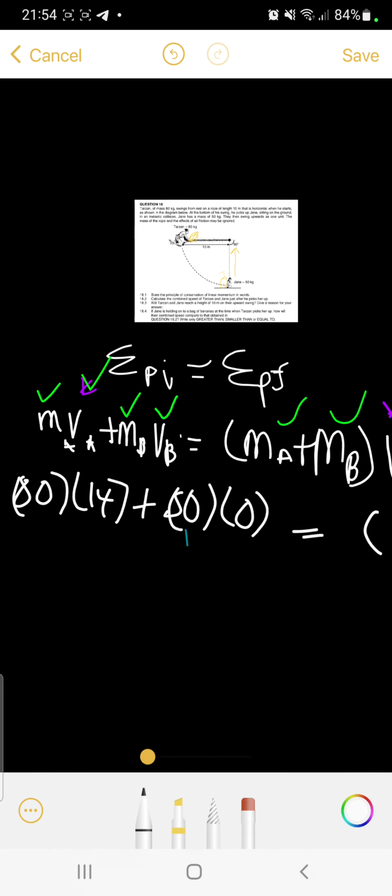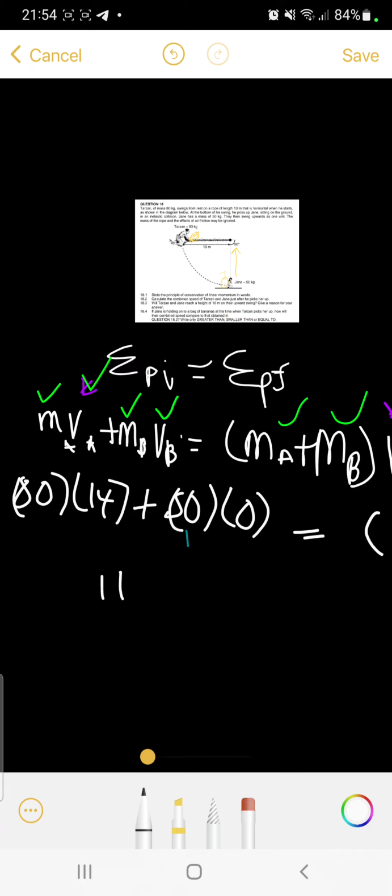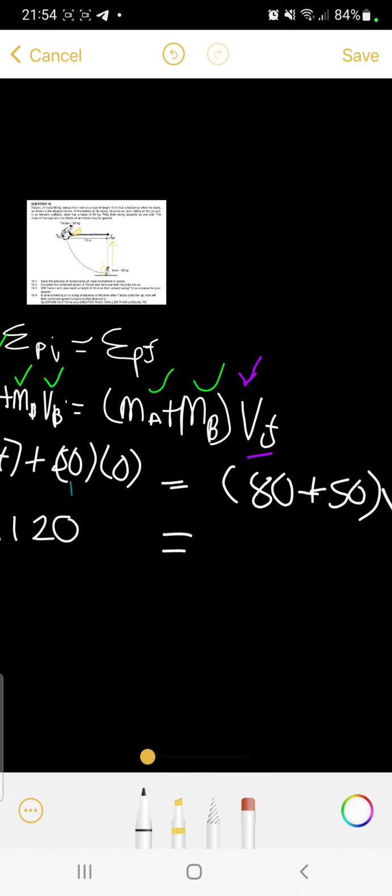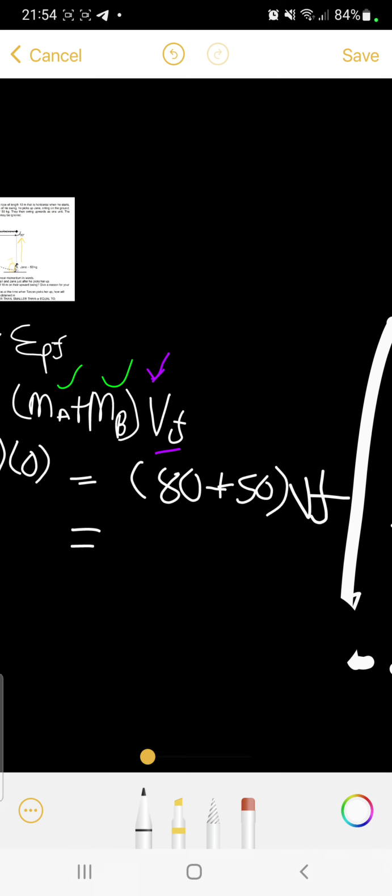So we can proceed with that. We have 80 times 14. Typing that on my calculator, it gives me 1120. Then 50 times 0 is just going to give us 0. Here we have 80 plus 50, which is 130, so 130 VF, which is what we're looking for.